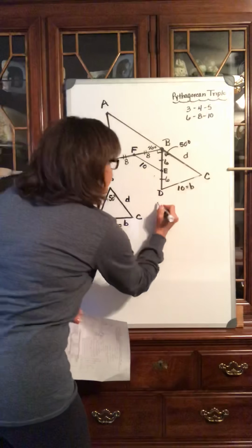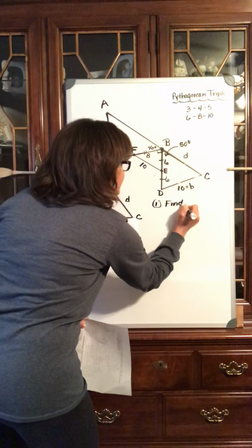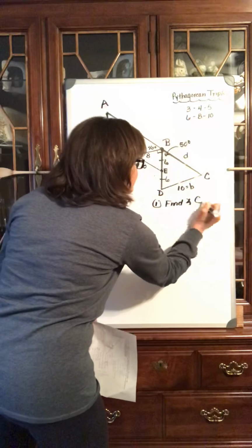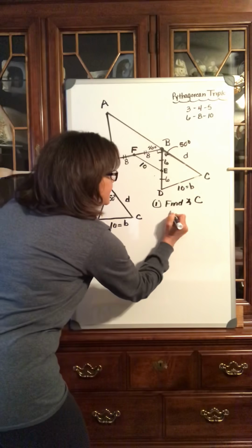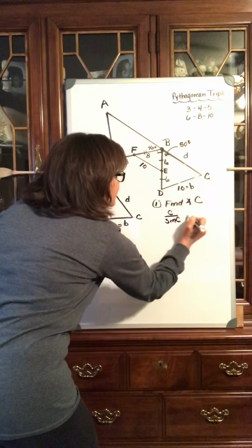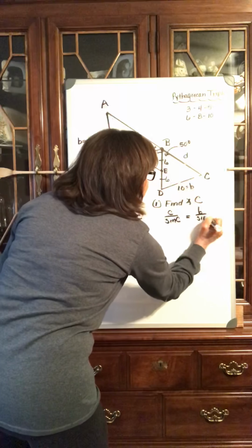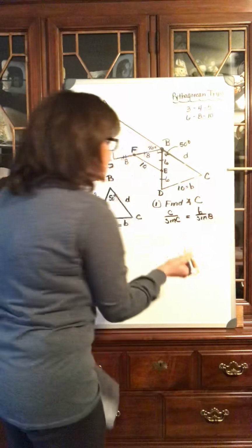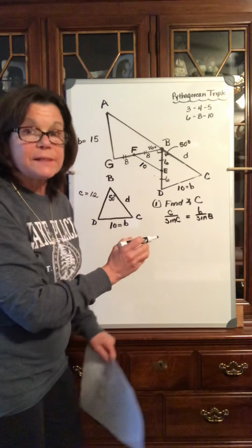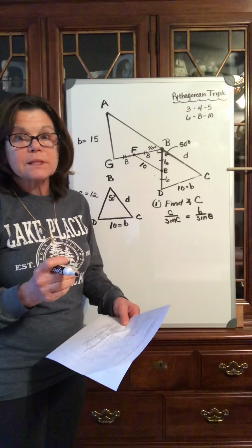So first thing we're going to do is find angle C. Using the law of sines, c over the sine of angle C, I know side b over the sine of angle B. Cross multiply for the sine of C. Follow my notes. Do inverse sine when you work that out to be a decimal.